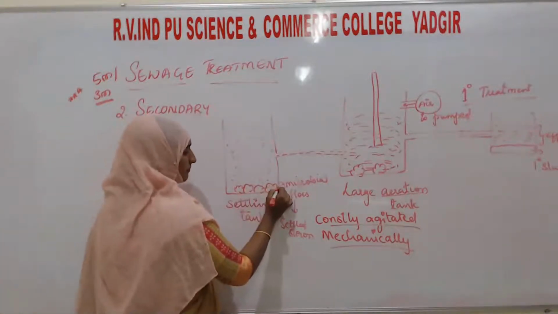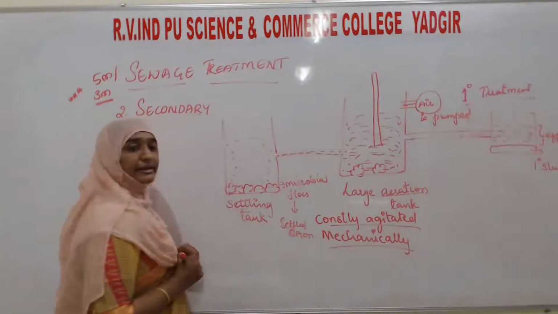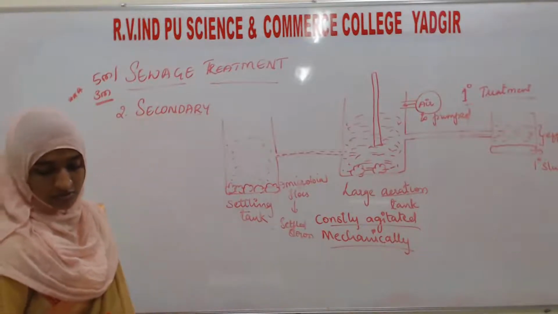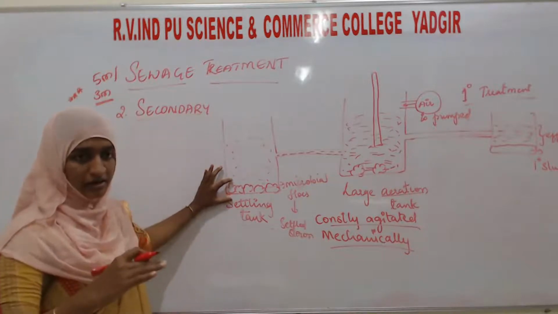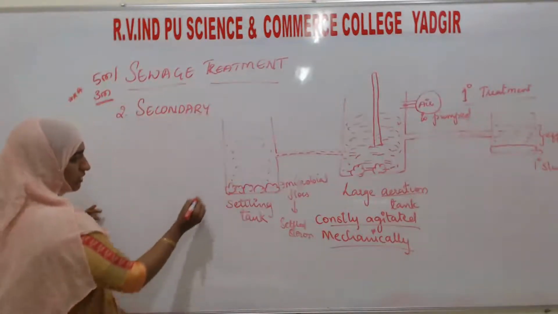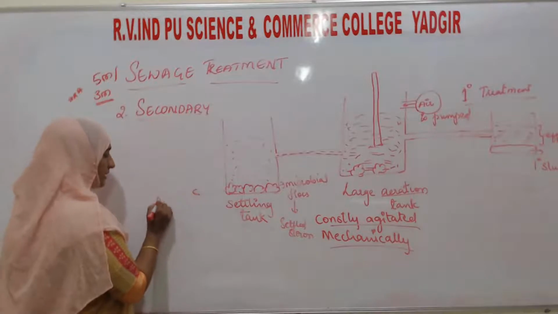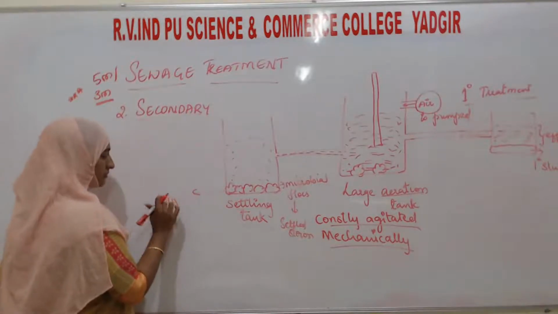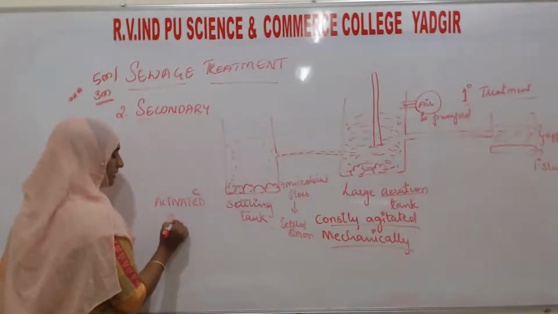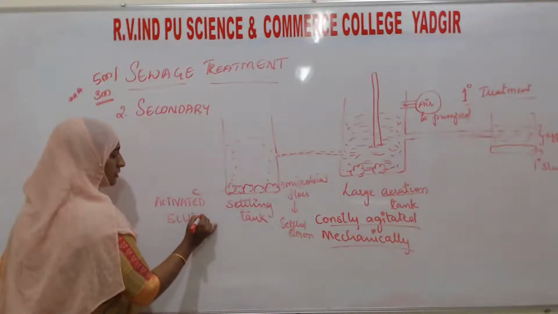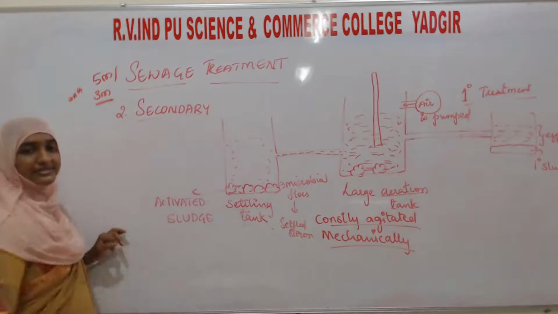Like this, it will be masses of bacteria. Whatever the settled part is there, we can call it the activated sludge. You had studied about the primary sludge.